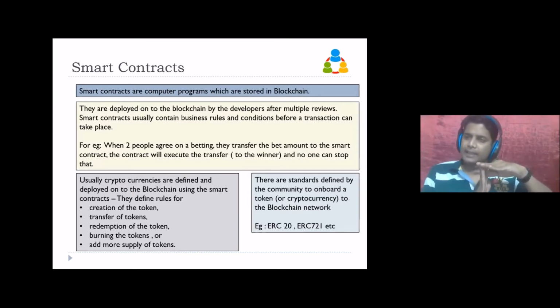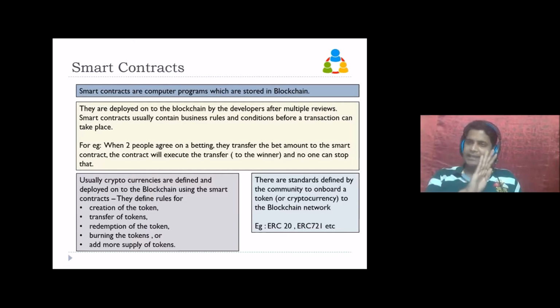And what happens is, both of them have paid onto the smart contract. After the match, the smart contract will automatically transfer 20,000 to the winner. Nobody can stop that. It is written as a rule and deployed onto the blockchain, and the blockchain is immutable. Nobody can go and correct or change that.